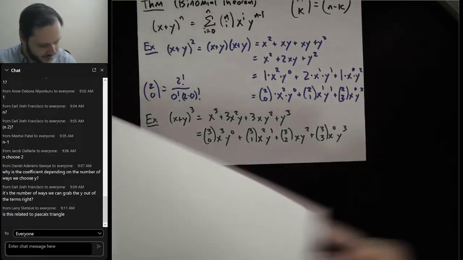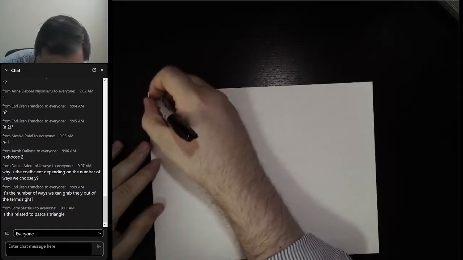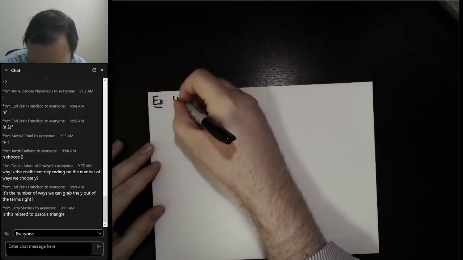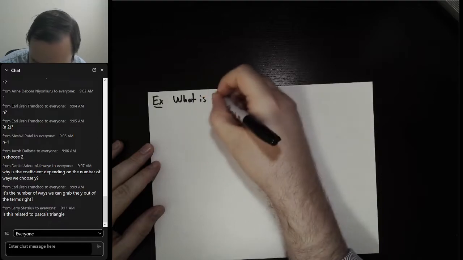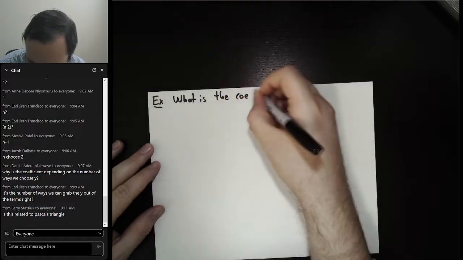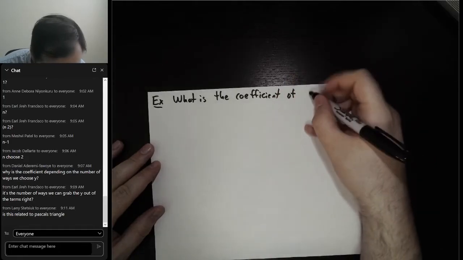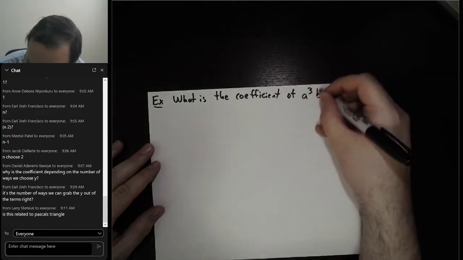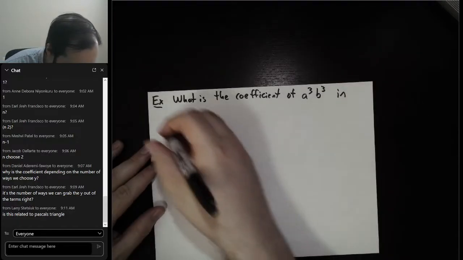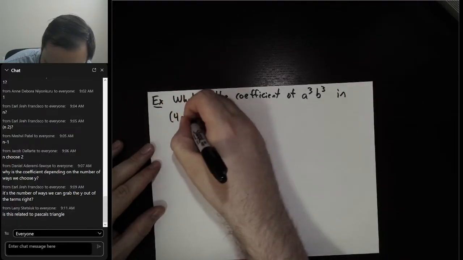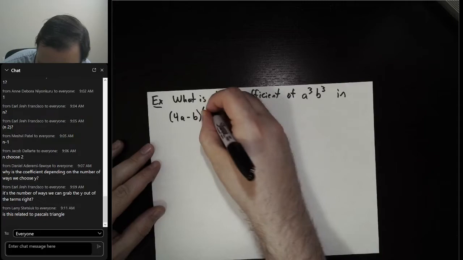So, example: what is the coefficient of a cubed b cubed in 4a minus b to the 6th power?